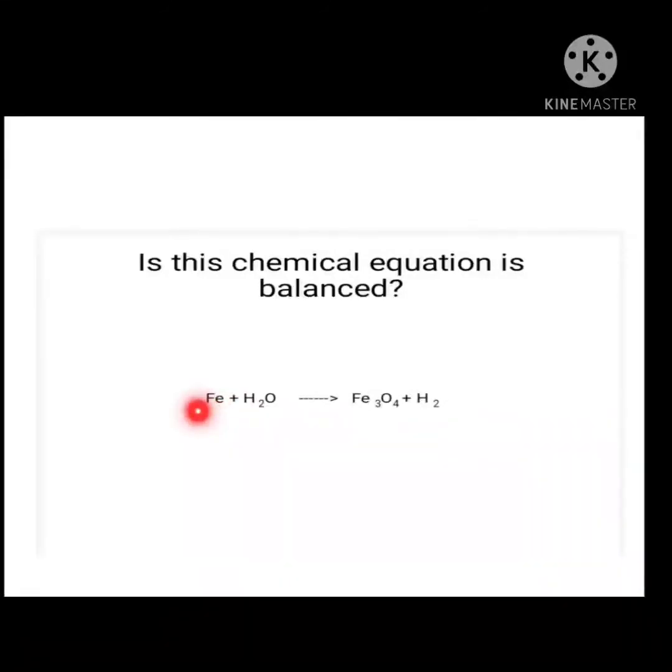Let's check whether the iron atom is balanced or not. On the left hand side, the number of iron atoms present is 1. On the right hand side, the number of iron atoms is 3. So, the iron atom is not balanced.